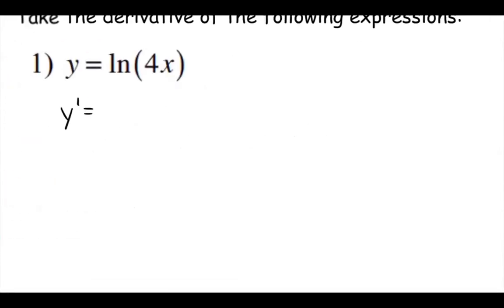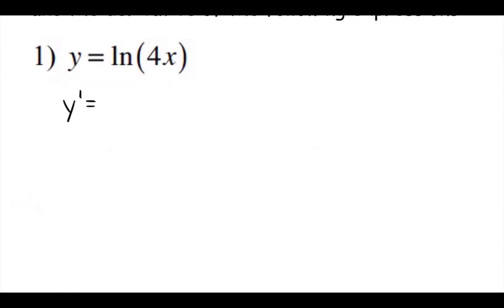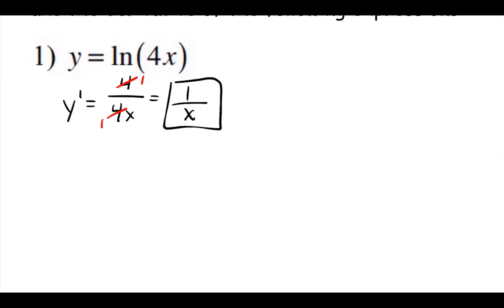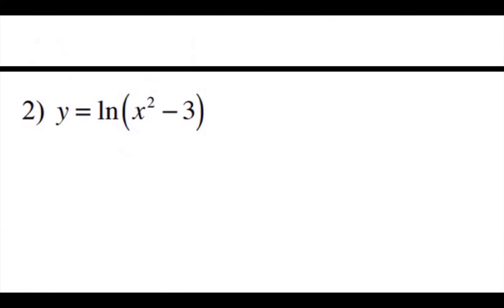Okay. The derivative of 4x is 4. What would be on the bottom? 4x. Can I simplify that? Yes. These guys can cancel out. And I'm left with 1 over x. Done. Okay. All right, do number 2.